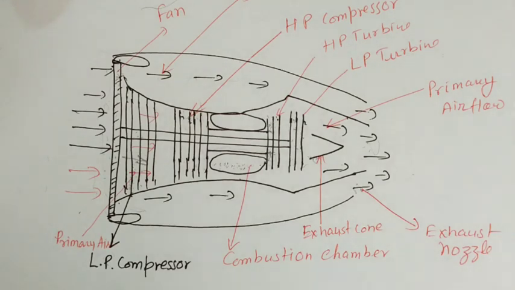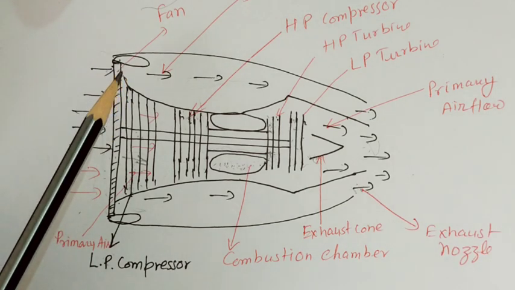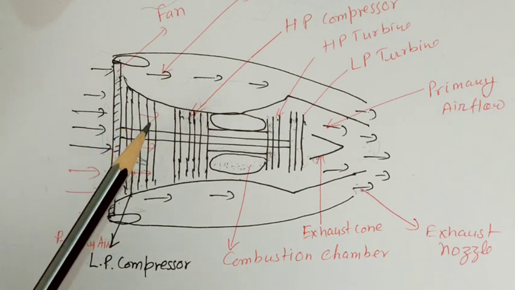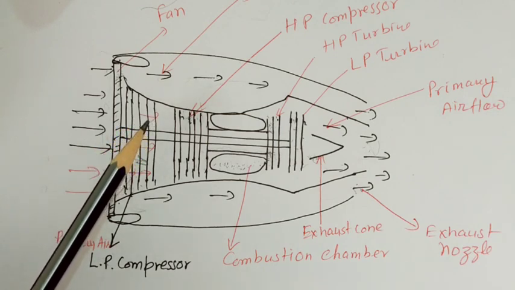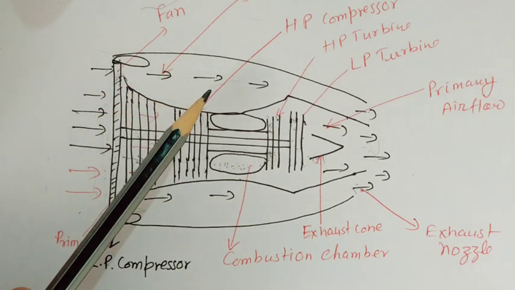Now you see the operation of this engine, how it operates. See, air comes from the air intake, sucked by the fan, then it goes to the LP compressor. One part of the air goes there and the second part goes through this duct.